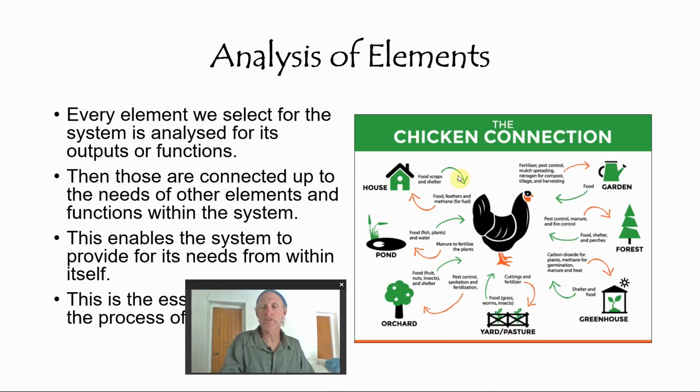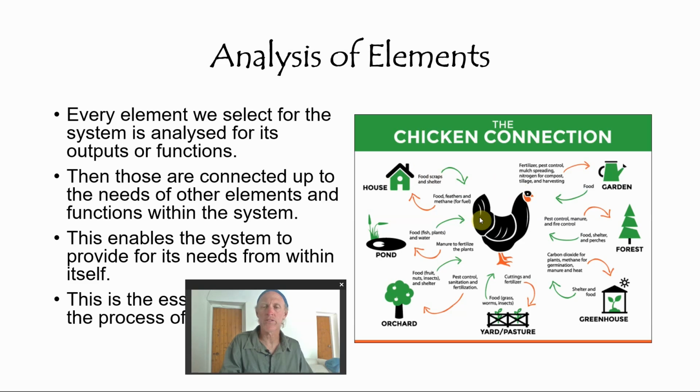And these connections are two-way. For example, the chicken provides fertilizer, pest control, mulch, spreading nitrogen for compost, tillage, and harvesting. And at the same time, the chicken gets food from the garden.